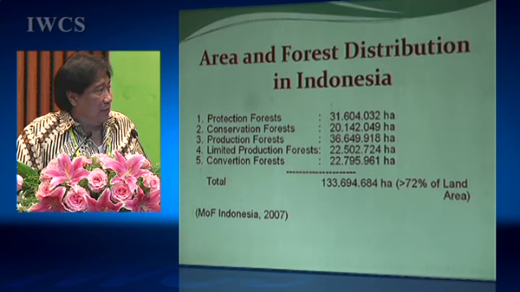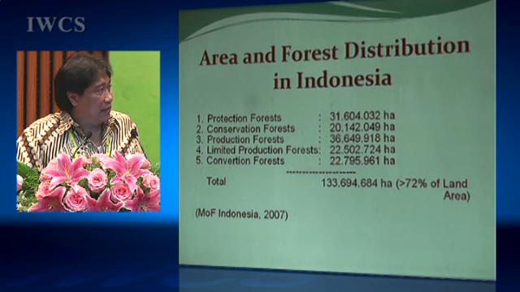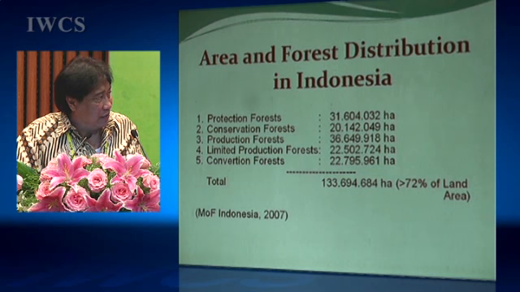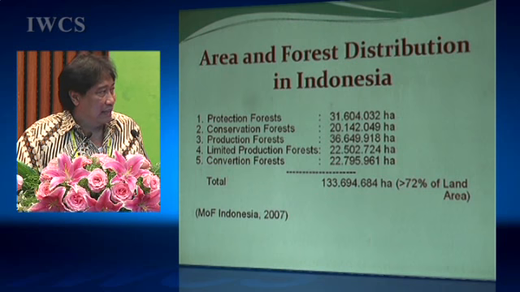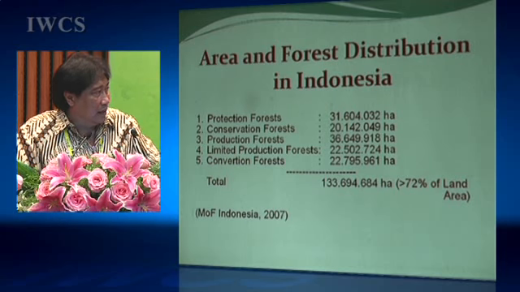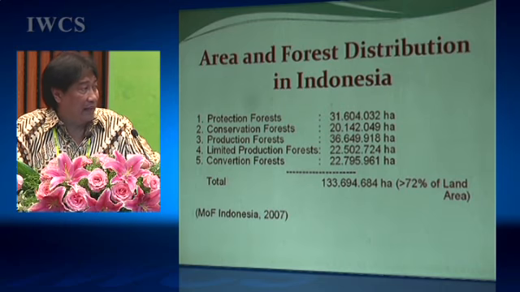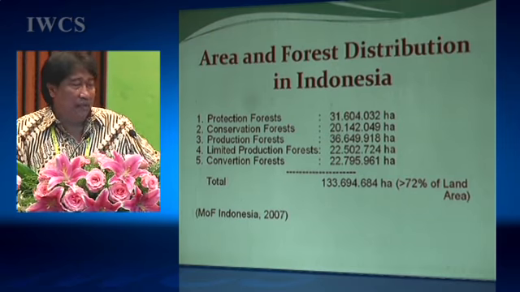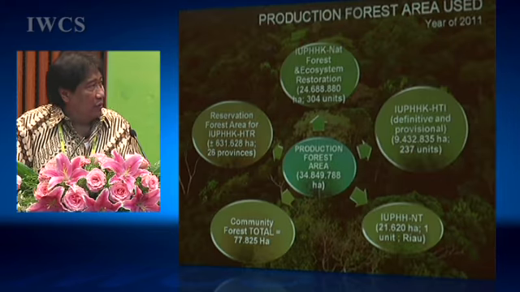We have protection forest of about 31 million hectares, conservation forest of about 20 million hectares, and production forest, together with limited production forest, of more than 58 million hectares. For conversion forest, used for other non-forest activities, we have 22.7 million hectares. So the total forest of Indonesia is 133.7 million hectares.